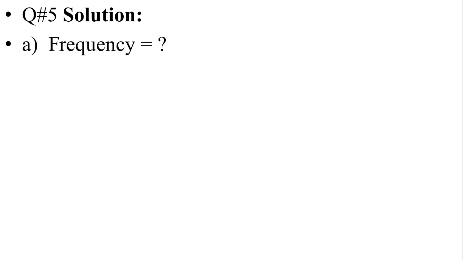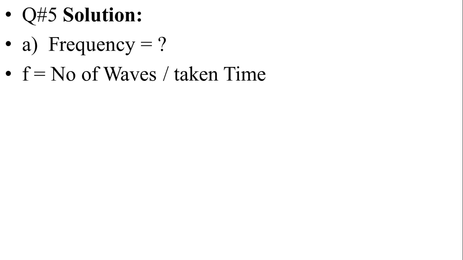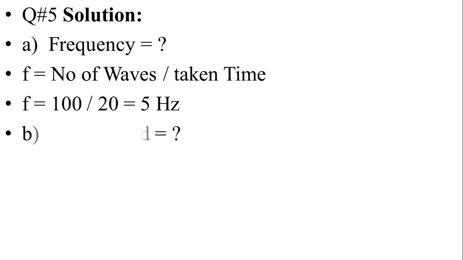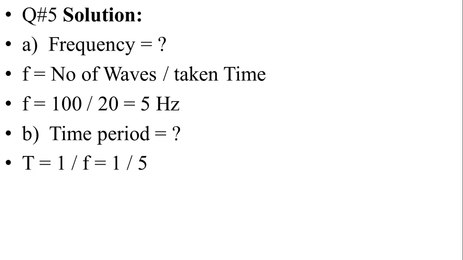To find the solution, first of all we find the frequency f. Then f is equal to number of waves divided by time taken, f is equal to 100 upon 20 is equal to 5 hertz. Similarly, we can find the time period T is equal to 1 upon f is equal to 1 upon 5 is equal to 0.2 seconds.